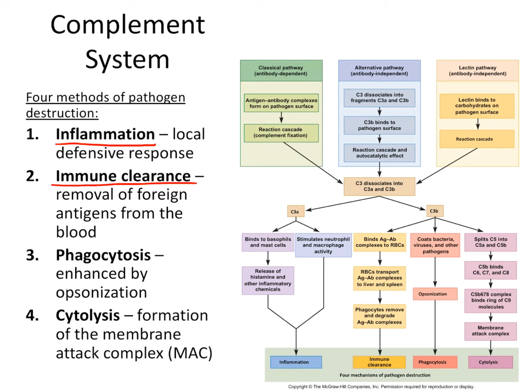So here we're going to see that the spleen is playing a role in this, but that ultimately this activation of C3b is going to aid in the binding of those antigen-antibody complexes to red blood cells, allowing them to be transported to the spleen where they can be removed effectively.